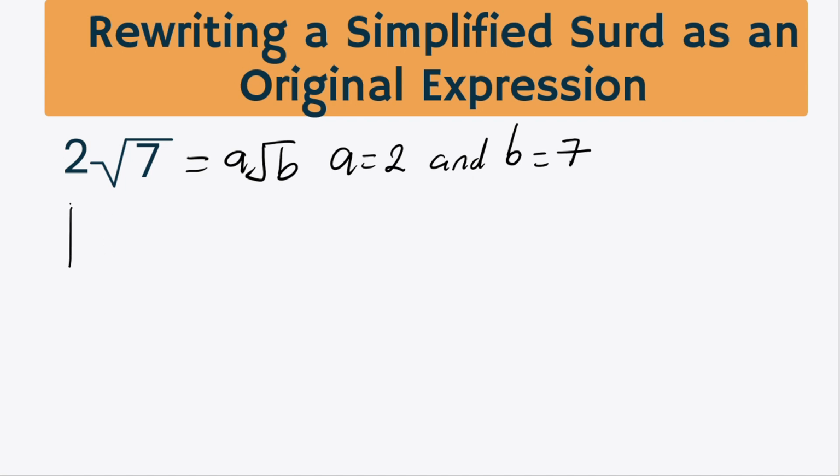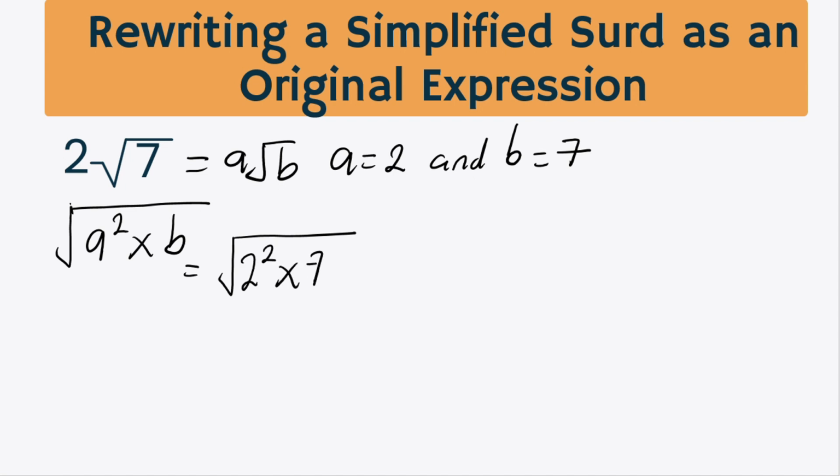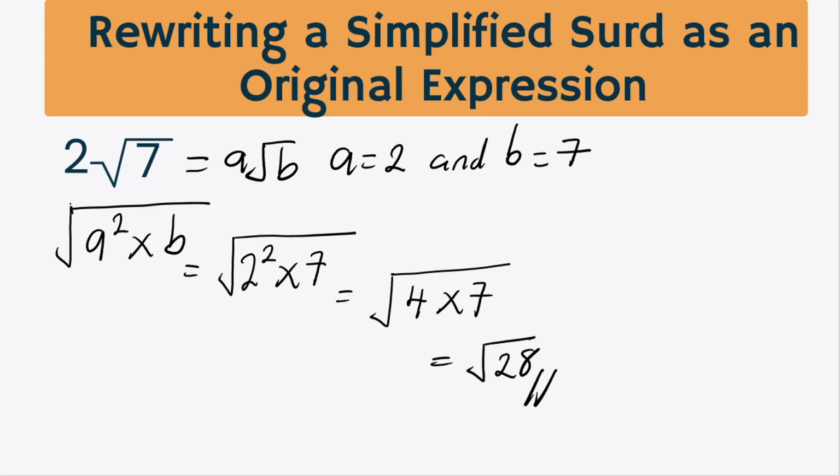So the general formula to do that is the square root of a squared times b, and this will be the square root of 2 squared times 7, which is equal to 2 squared is equal to 4 times 7, and 4 times 7 is 28. So that means that root 28 was actually simplified to give us 2 root 7.